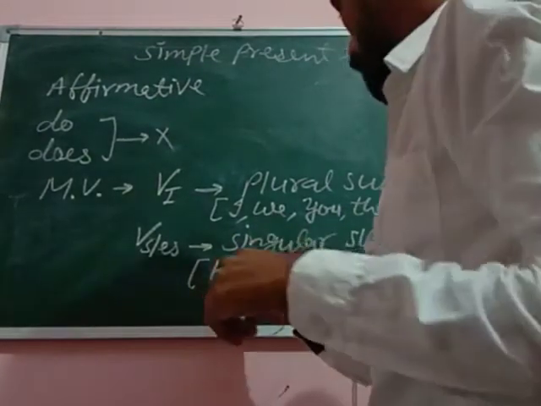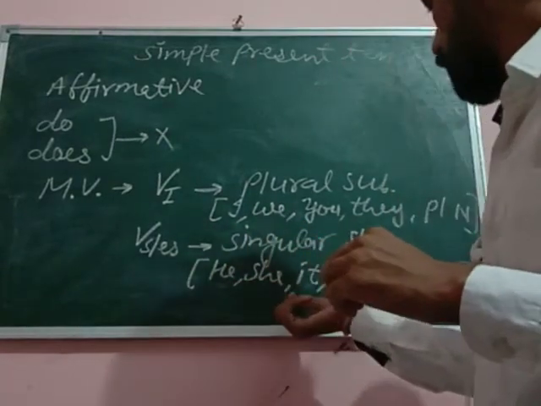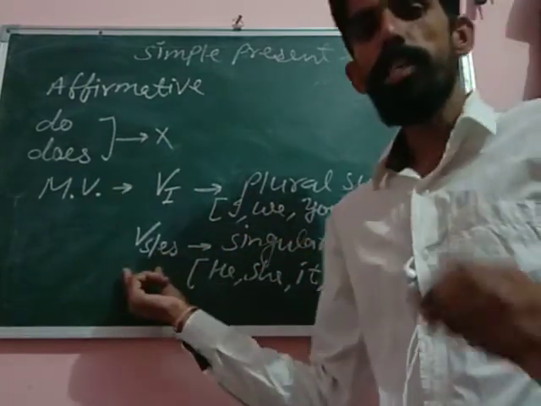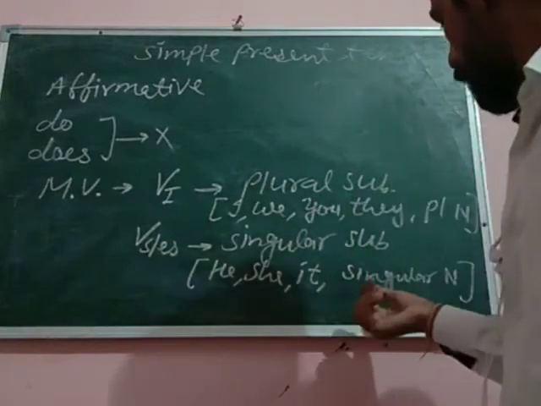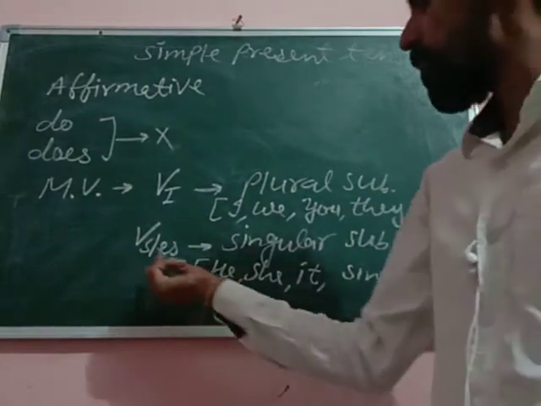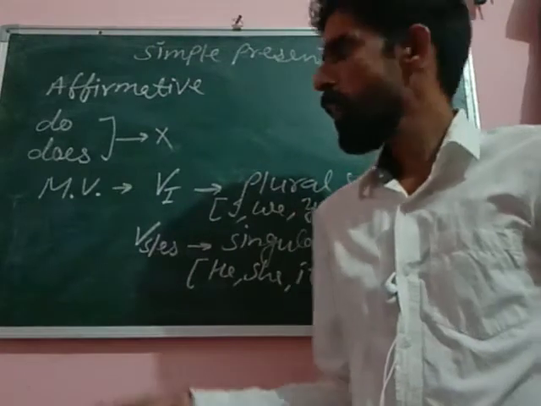So with he, she, it, we use the S or ES form of the main verb, and with singular nouns we also use the S or ES form of the main verb.